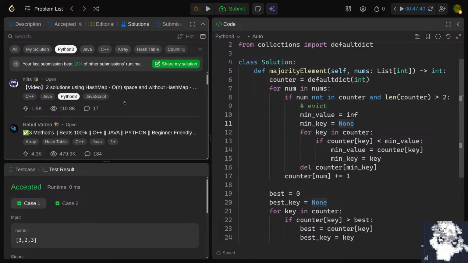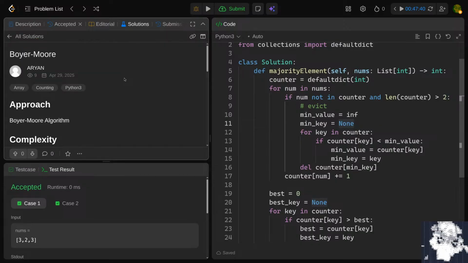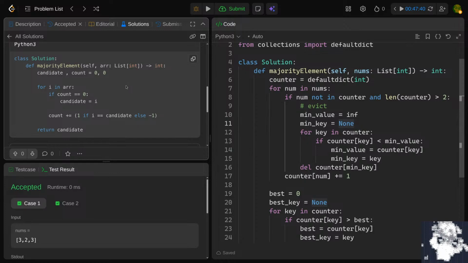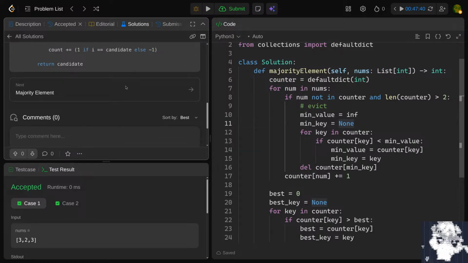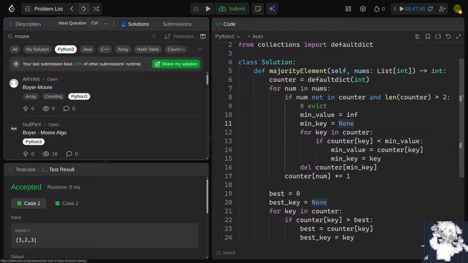Okay, next problem. But this is good to know. More, what was it called? More something? Boyer-Moore algorithm. All right, next problem.